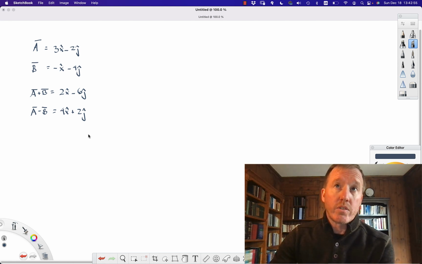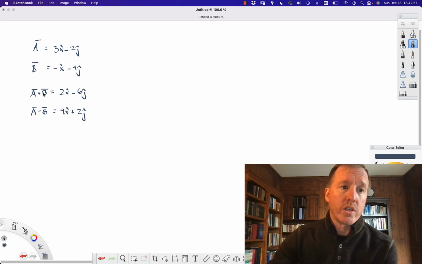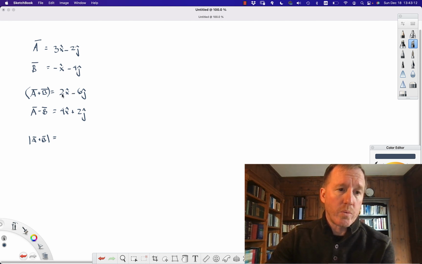And then finally I ask you to compute the magnitude and direction of this vector A plus B. So vector A plus B has a magnitude given by this. The magnitude is going to be how long this vector is. So what we can do is take the x component, square it, the y component, square it, and take the square root.